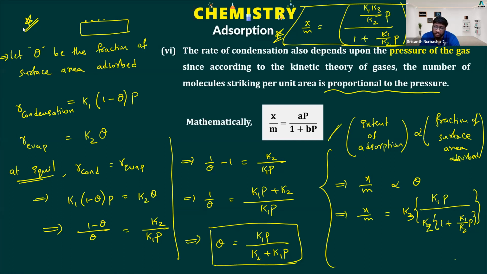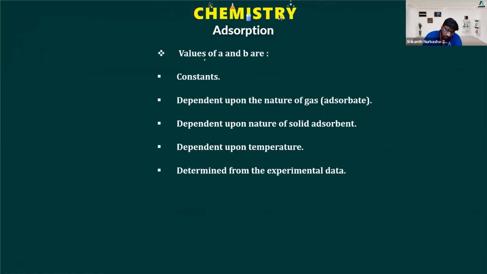Similarly, the extent of adsorption from the Langmuir adsorption isotherm is given by x by m is equal to aP divided by 1 plus bP, where a and b are constants. Values of a and b are constants, and obviously they depend upon the nature of the gas, that is the adsorbate, the nature of the solid adsorbent, and temperature, and they are determined from experimental data.